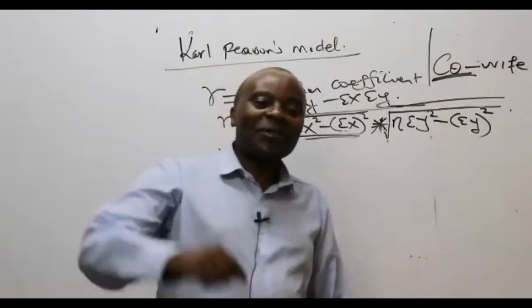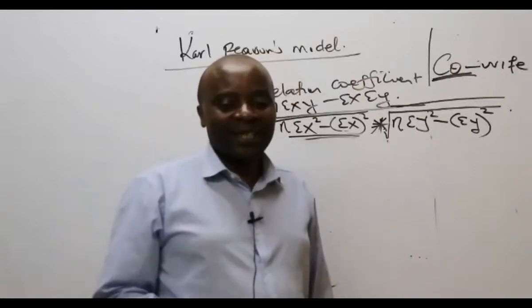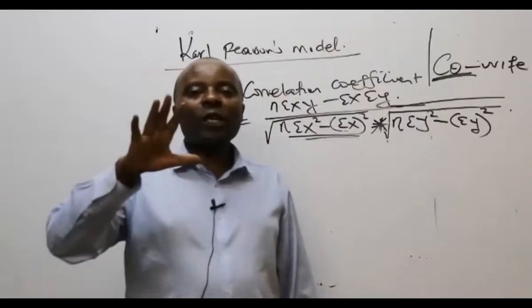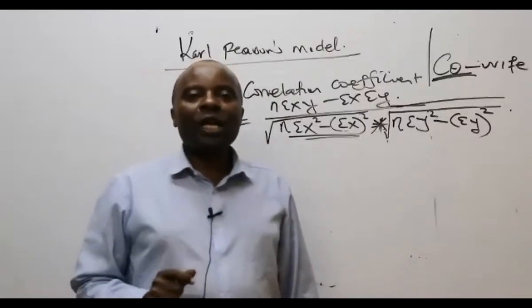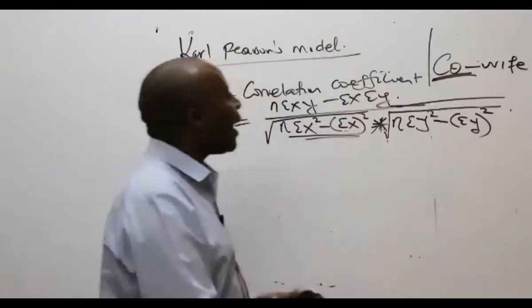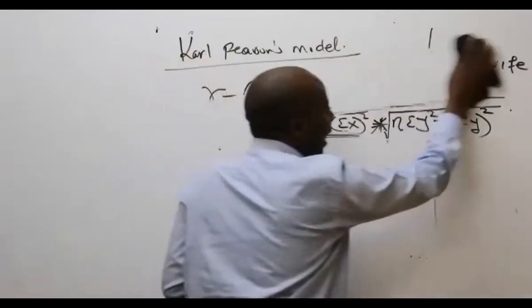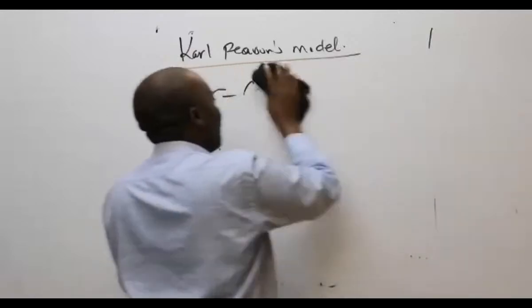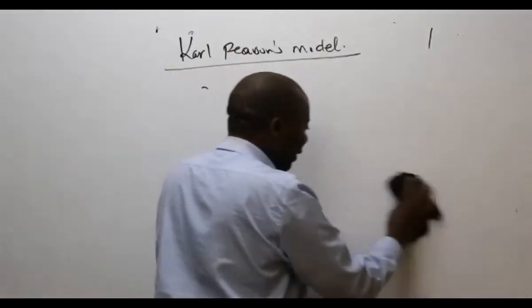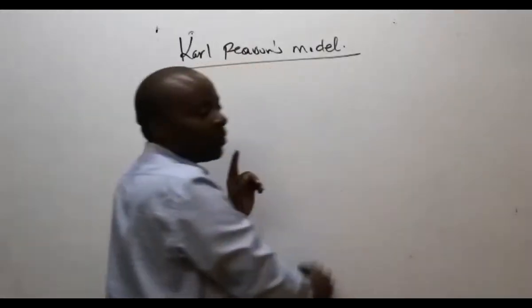So is there somebody who has gone to the back of their books? On a blank page, I would want somebody to take a step of faith and try writing down the formula of R. And if you're able to get it correctly without struggling, without making reference to where you had written it, then, ladies and gentlemen, you're a brilliant student.